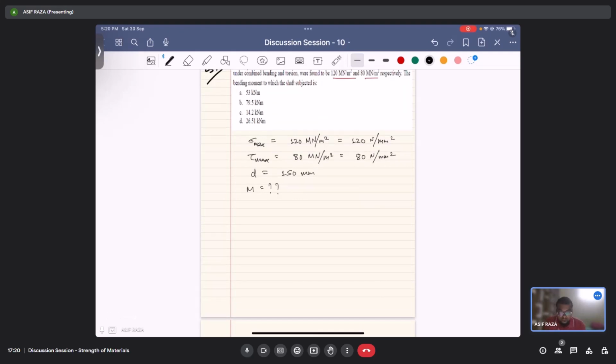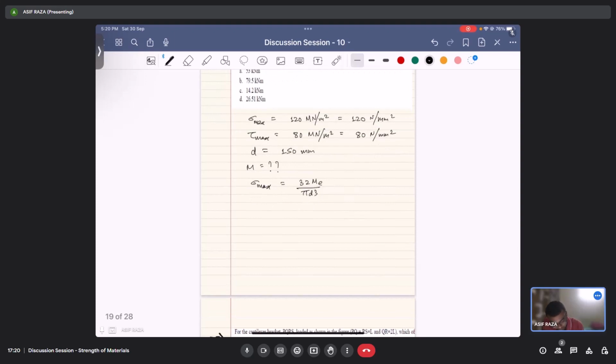Okay, so to solve this question, sigma max is equal to 32 Me by pi d cube, and tau max is equal to 16 Te by pi d cube, where Me is half of (M plus root of M square plus T square), and Te is root of M square plus T square.